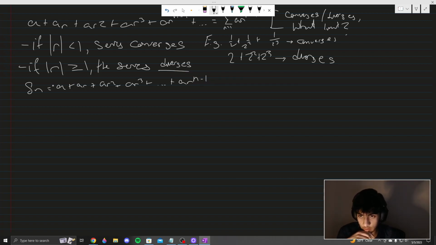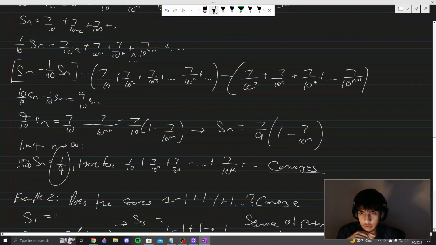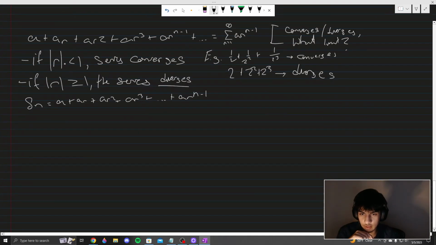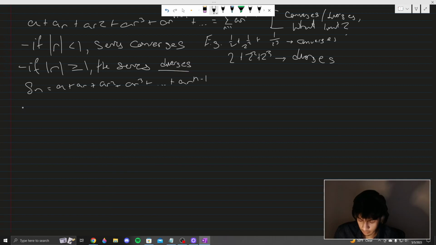Again, just like we did in that last problem, if we look up here, you see how we multiplied by 1/10, because that's the denominator. So we're going to do something similar here. We multiply by r, so we do r times S n.